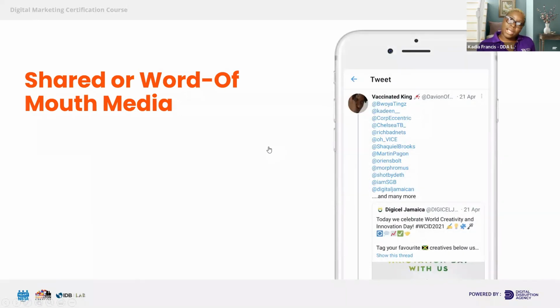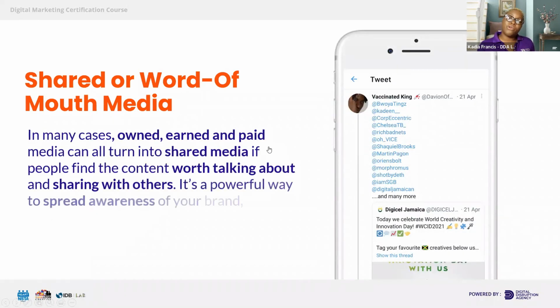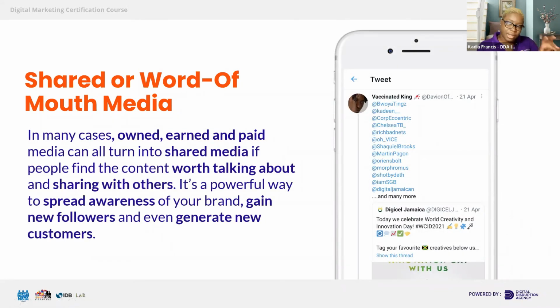There's another one called shared or word of mouth media, and I thought it was necessary to include it, even though it could be a part of owned, earned, and paid media, because all of that can turn into shared media. Whether it's content you own, content you earn, or paid content, it's still shareable, depending on where the content shows up. So if people find the content worth talking about, they will share it with others.